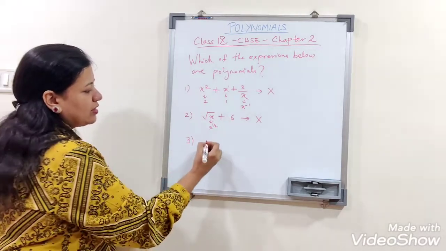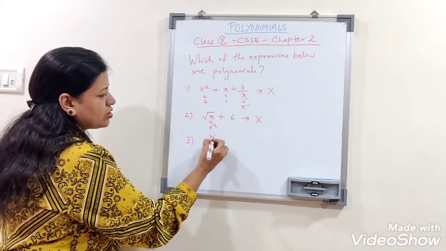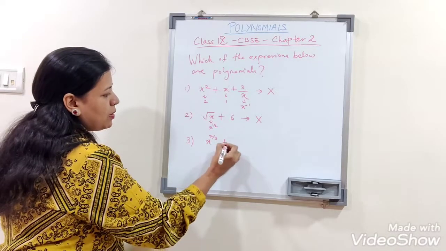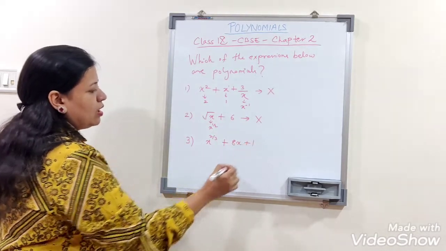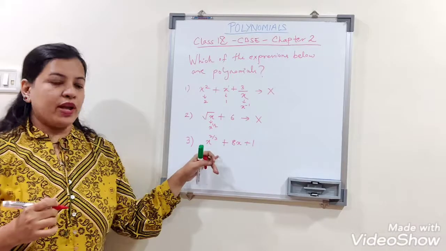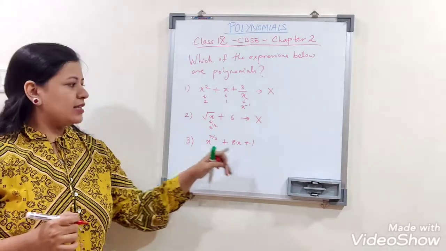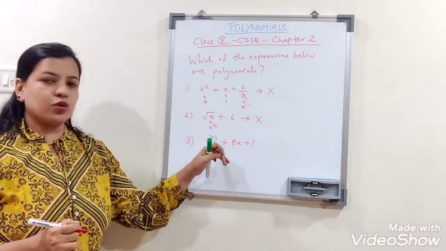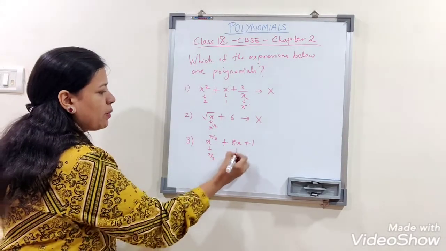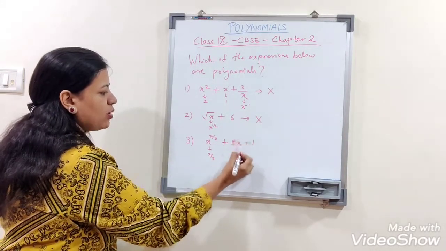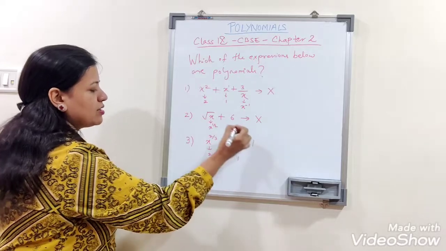Third example which I can give you is say x to the power 2/3 plus 8x plus 1. Now if you check the powers of the variables in each of the terms, here the power is 2 by 3, and here the power is 1, x to the power 1, and this is a constant term.